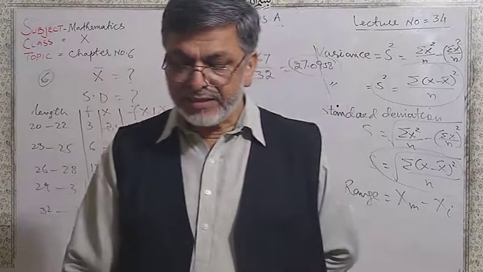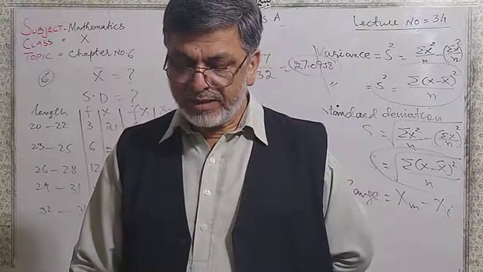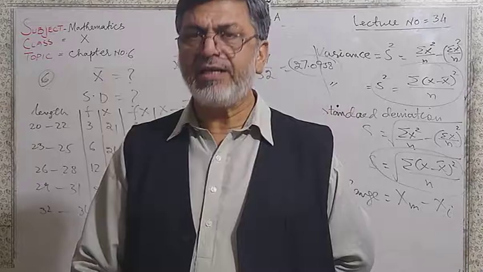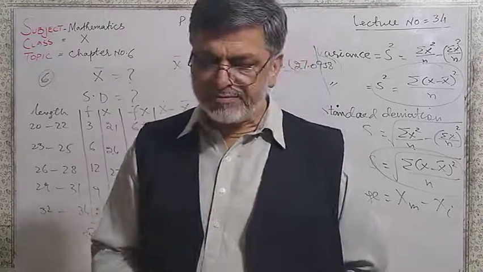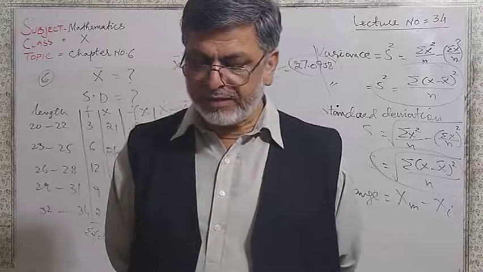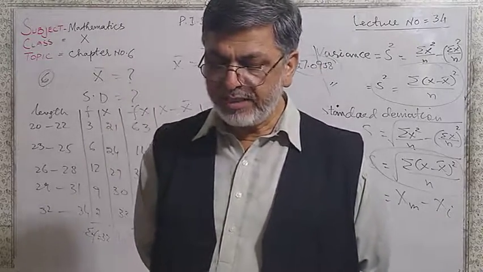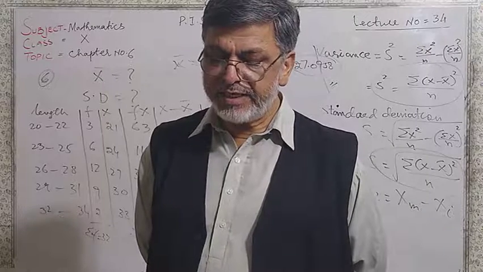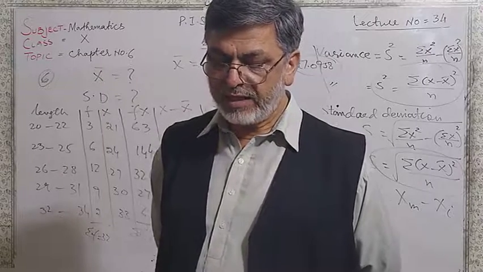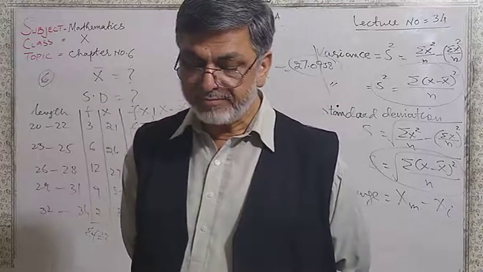After that, next is geometric mean, then harmonic mean. They are not related to your topics, and you can check, but in part number 13, your C part is correct: geometric mean, and similarly the reciprocal of that will be harmonic mean. The most frequent value in the data is known as mode.